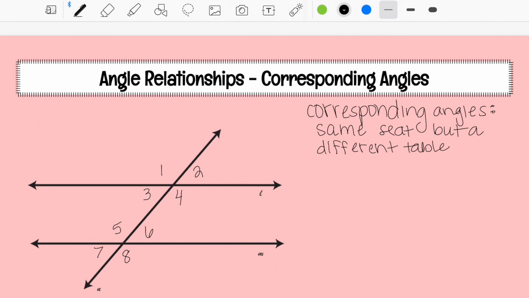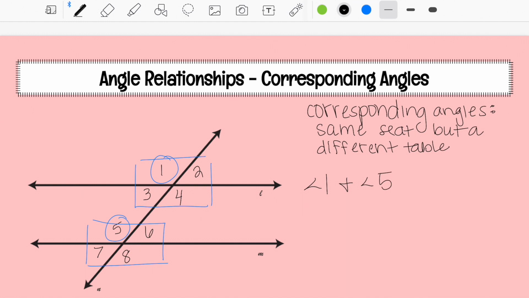So for example, if we're thinking of this as kind of like a table of 4 and another table of 4, then angle 1 right here is sitting in the same seat as angle 5. So angle 1 and angle 5 are corresponding.